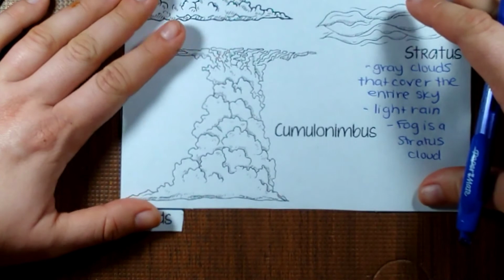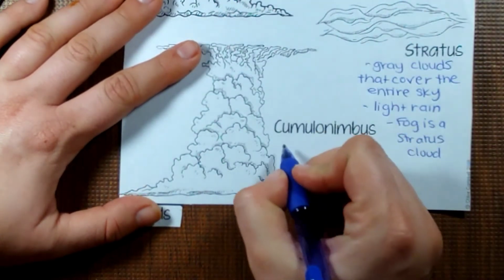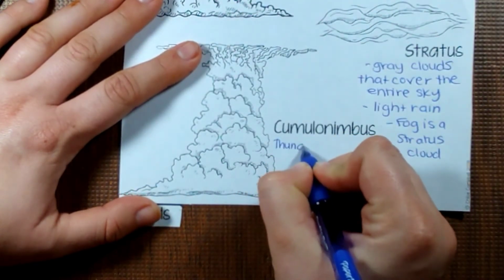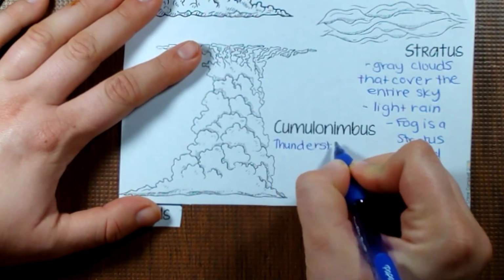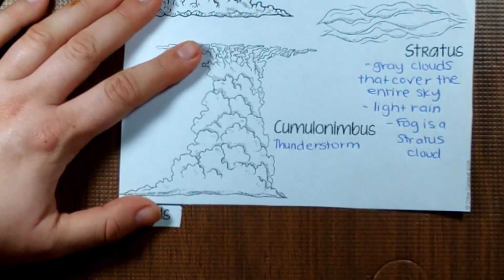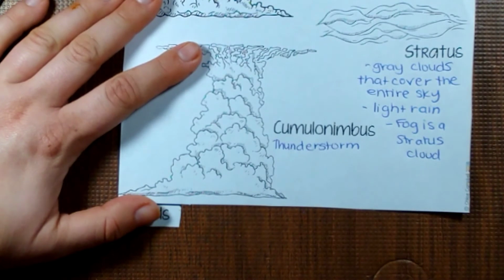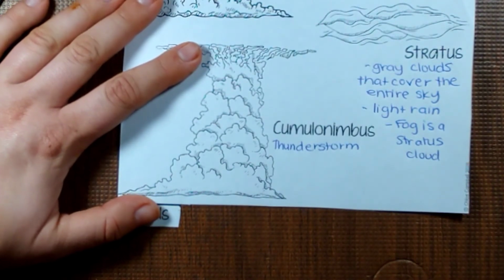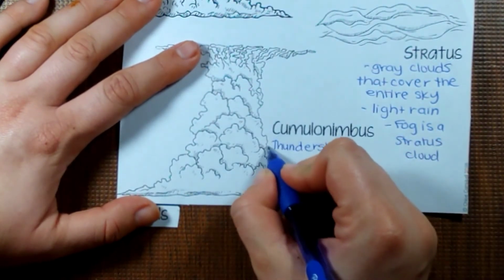And the last one is cumulonimbus, our thunderstorm clouds. So stratus are just gray clouds. They might have a little drizzle, maybe light rain. But the cumulonimbus are the thunderstorm clouds.